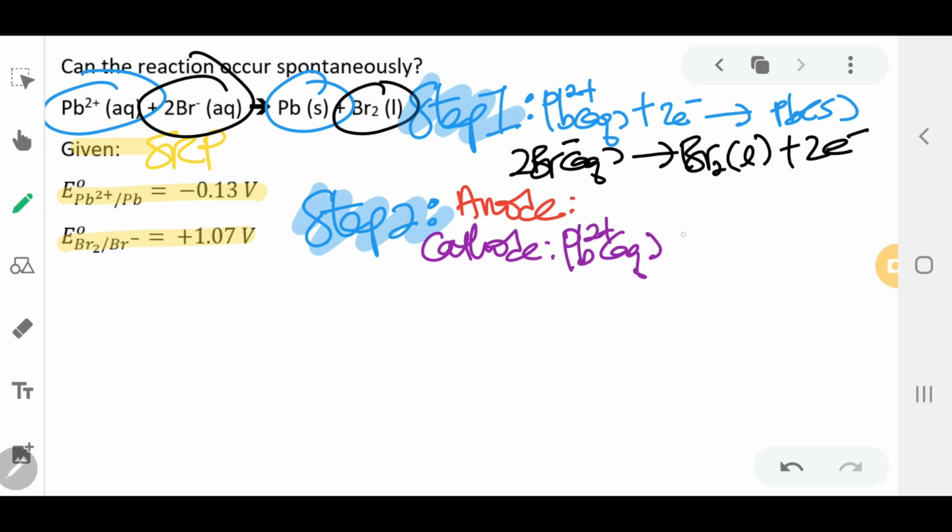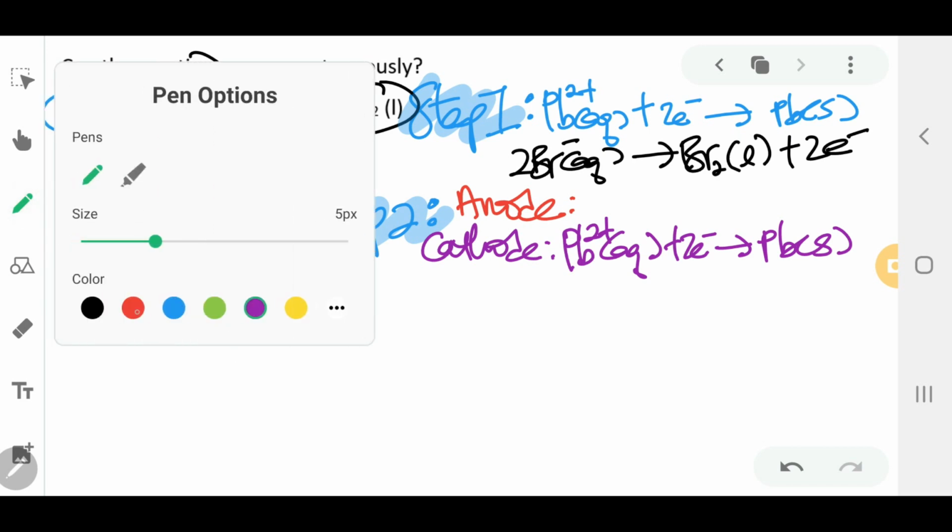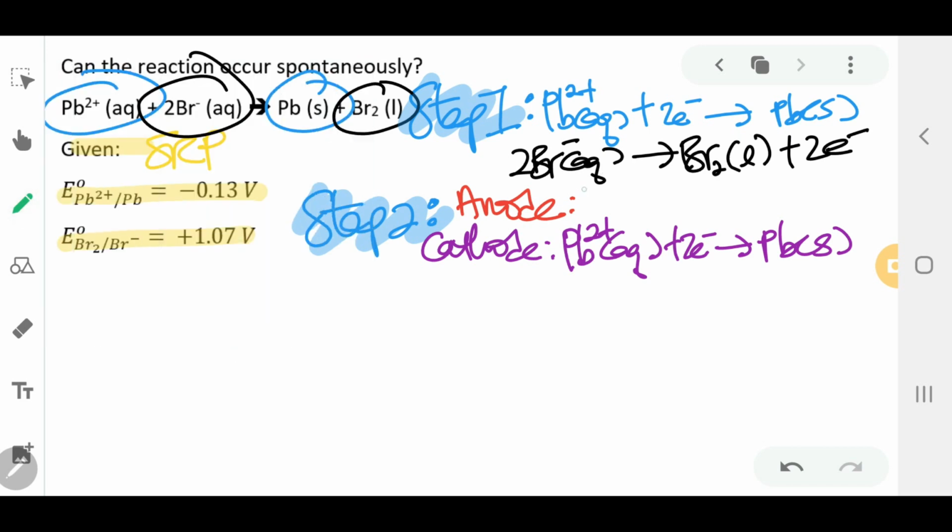Pb2+ aqueous plus 2 electrons, gaining of electrons, then you get that, reduction. And then at the anode, you have 2Br minus aqueous, Br2 liquid plus 2 electrons. So that is the losing of electrons. You have your anode and you have your cathode identified.